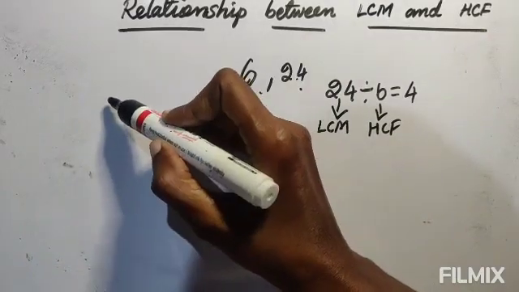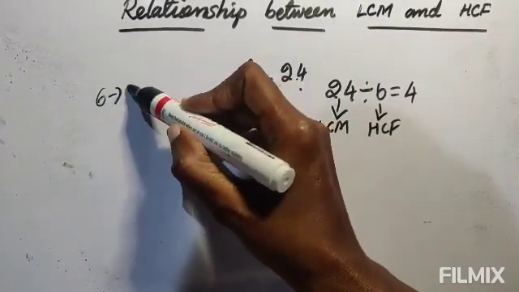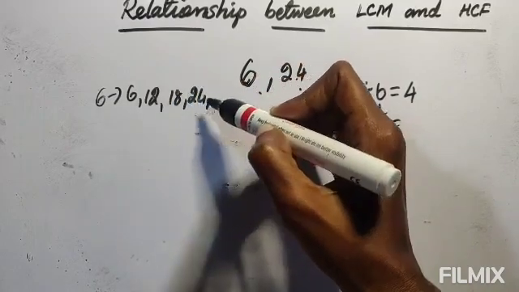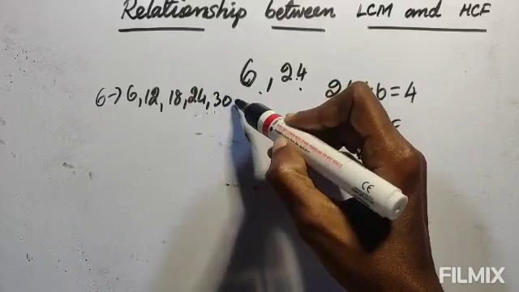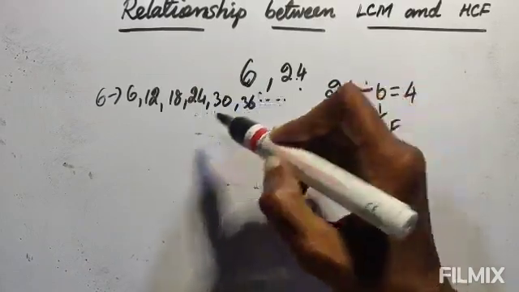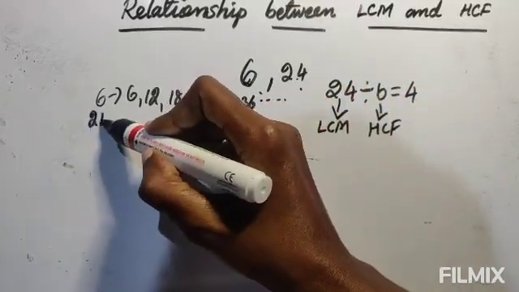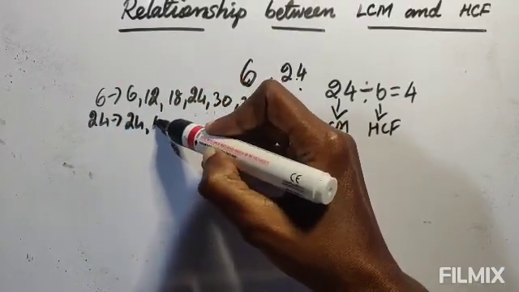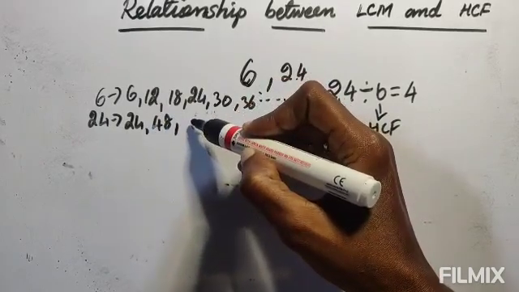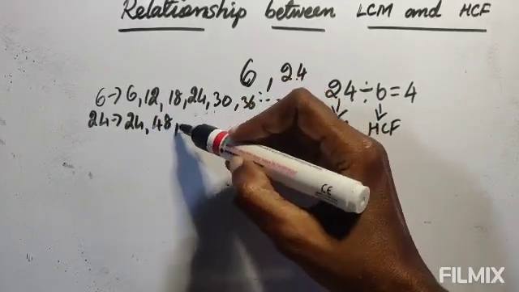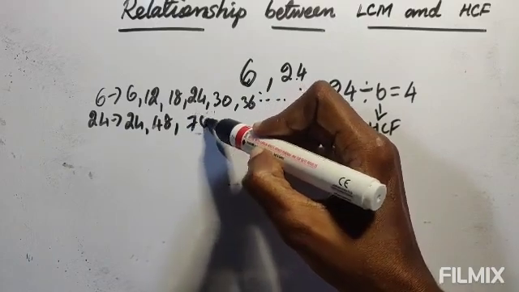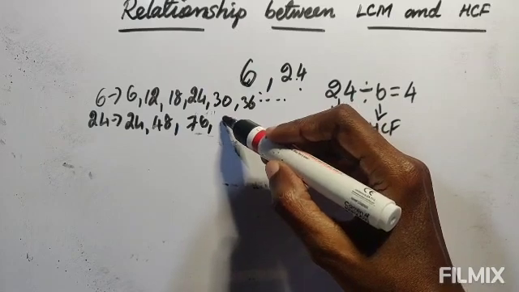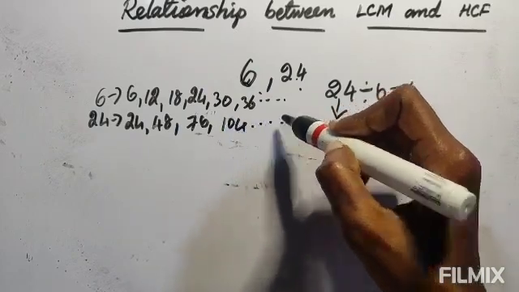Okay, now multiples of 6 will be 6, 12, 18, 24, 30, 36, and it will go on. Multiples of 24 will be 24, 48, and so on. So the common multiples are 24 and 48, and it will go on like that.